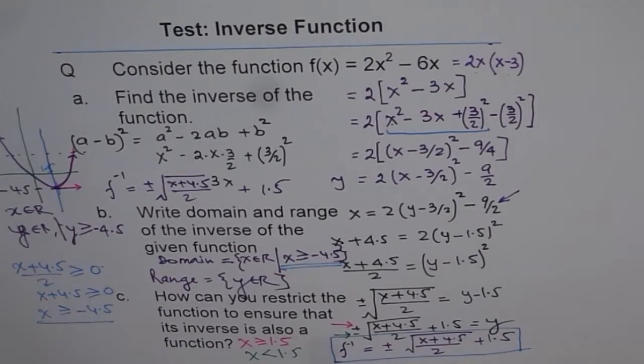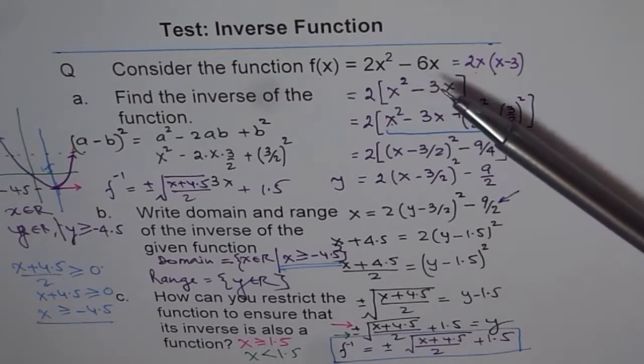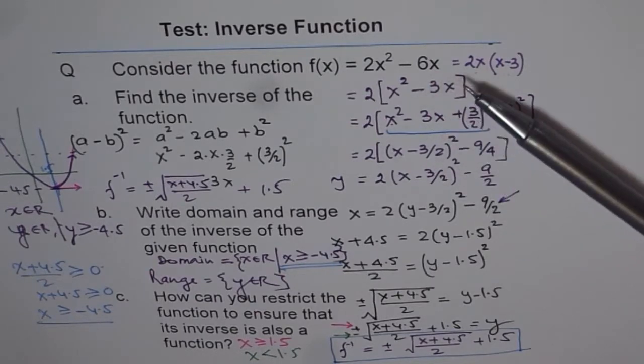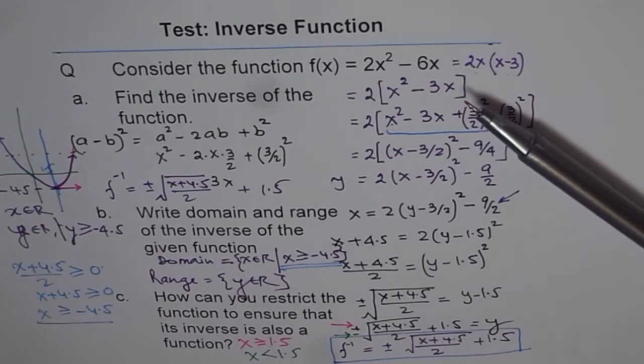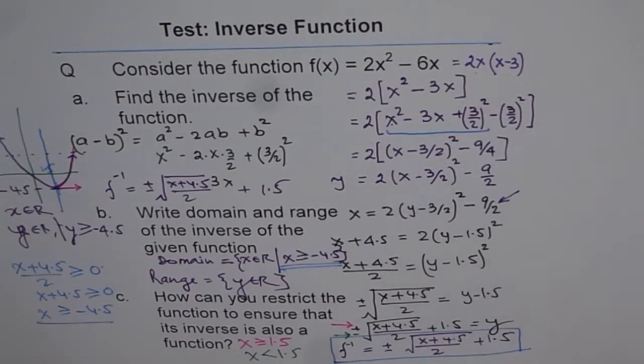I'm adding all this information because at times in the test they may ask you what is the inverse. They may ask this question first: restrict your function so that its inverse is a function. And then they may ask what is the domain and range of the restricted function and its inverse, right? Then you need this help.